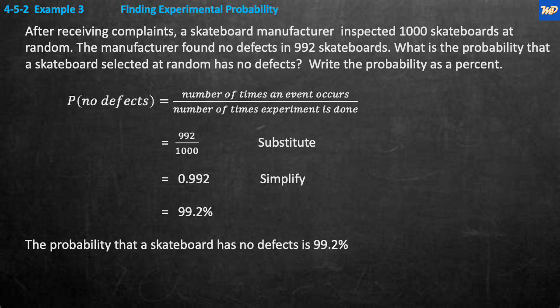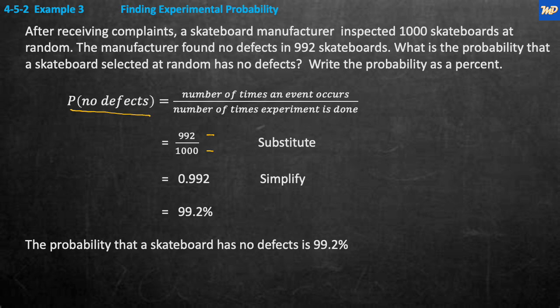Here we go. The probability of no defects is the number of times the event occurred divided by the number of tests. 992 skateboards were checked and found to have no defects, out of 1,000 boards checked.